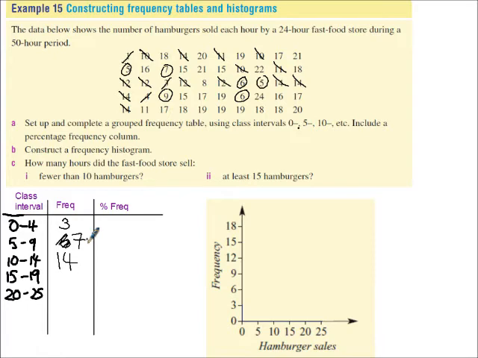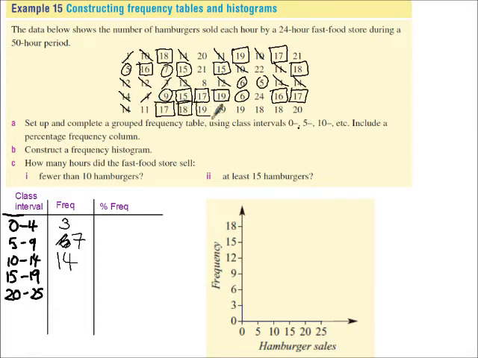15 to 19. 1, 2, 3, 4, 5, 6. Sorry, this is boring. 7, 8, 9, 10, 11, 12, 13, 14, 15, 16, 17, 18, 19.